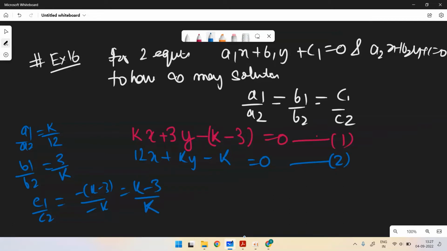So these all must be equal, which implies that, I am taking this to be alpha, beta, and let's say this is gamma.